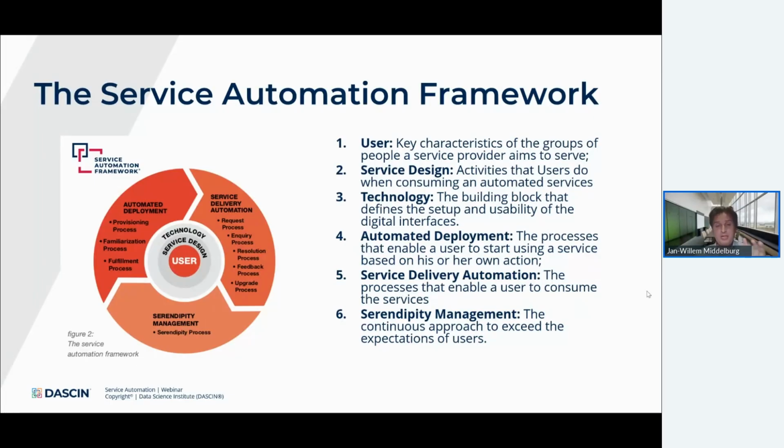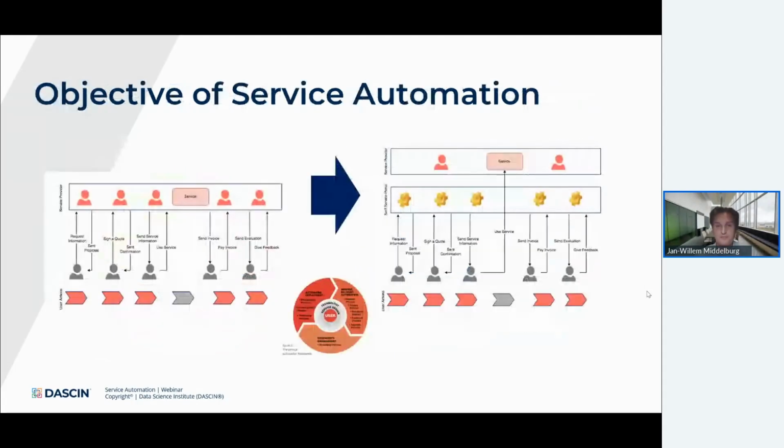I'm always spending a bit of time on this slide because it basically explains the core of what service automation is and what are the key areas that you would need to address to start delivering those automated services.